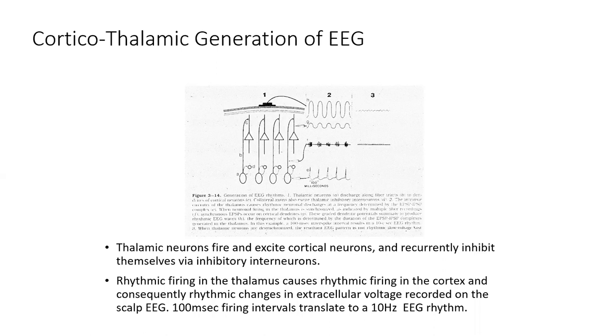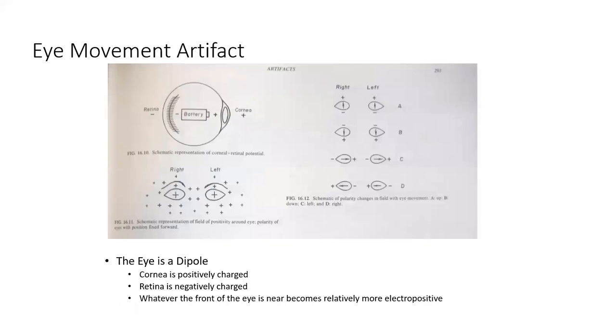So thalamic neurons will fire and excite cortical neurons, and these will then recurrently inhibit themselves via inhibitory interneurons. And it's really the rhythmic firing of the thalamus, which causes that rhythmic firing in the cortex, that we get these extracellular changes in voltage. So about 100 milliseconds is something that translates to about a 10 hertz, or what we typically see as a normal posterior dominant alpha rhythm in the EEG.